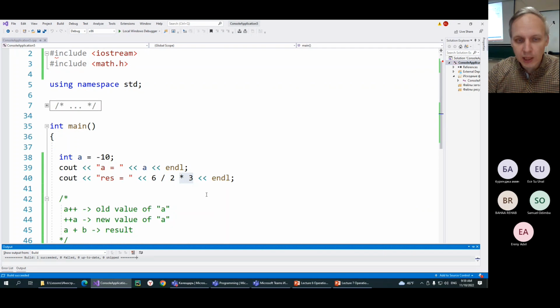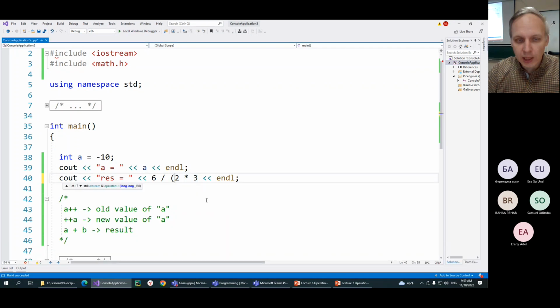To change the order of operations, we can use parentheses. When we enclose some part of the expression in parentheses, it changes the priorities.